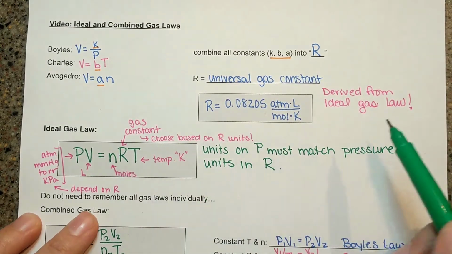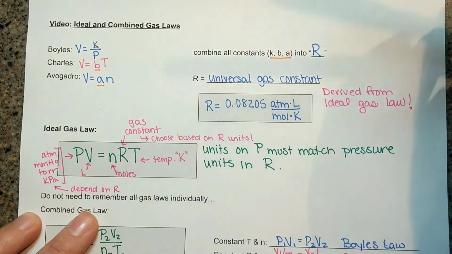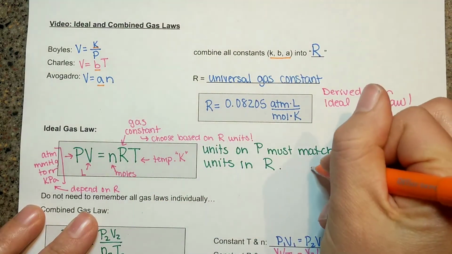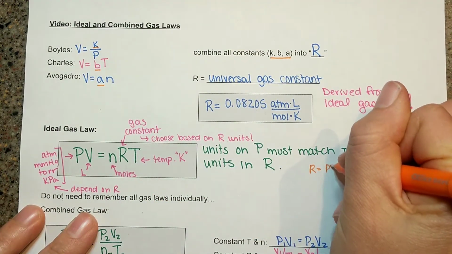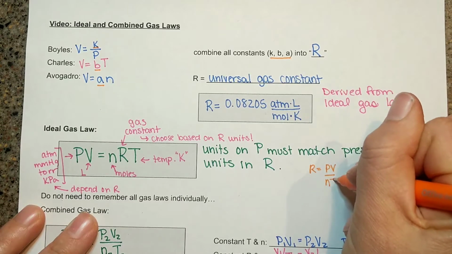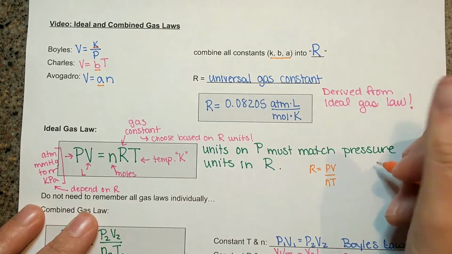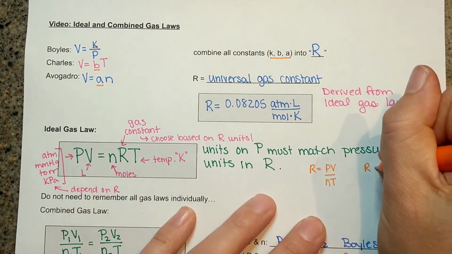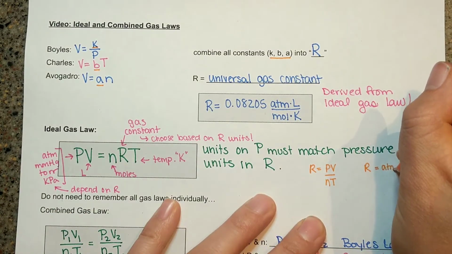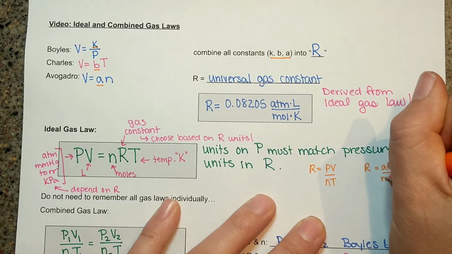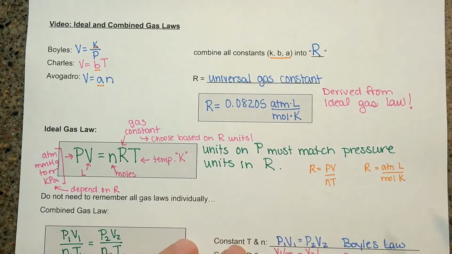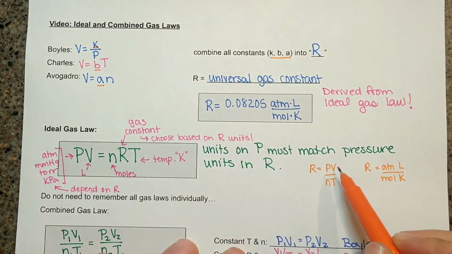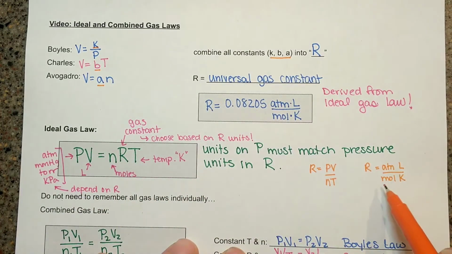If we were to rearrange our ideal gas law for R, R would be equal to PV over nT, and the units on R are equal to atm liters per mole Kelvin. We can see that rearranging this equation for R, our variables line up with our units.